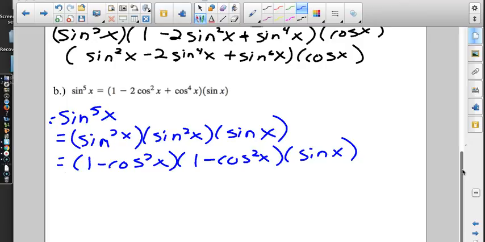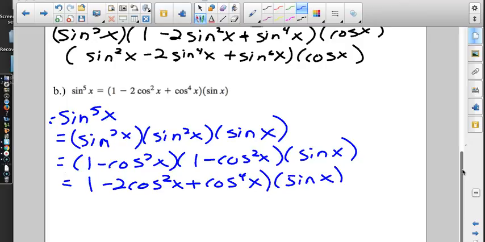FOIL it. Anything left for us to do? Not a doggone thing.